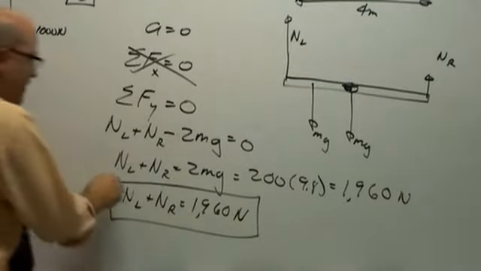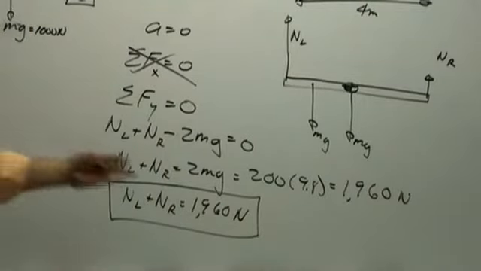Okay, my math geniuses, how do I solve that? In math class, what do you do when you have one equation and two unknowns? A system of equations. You need to find another equation.